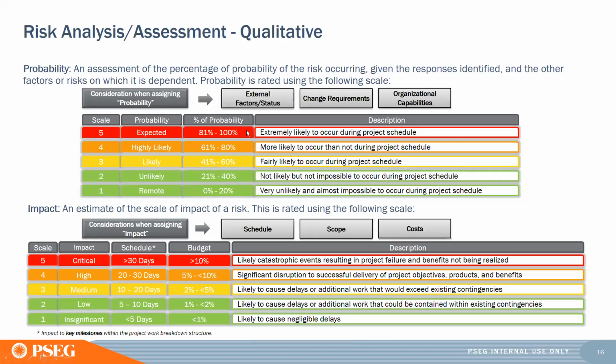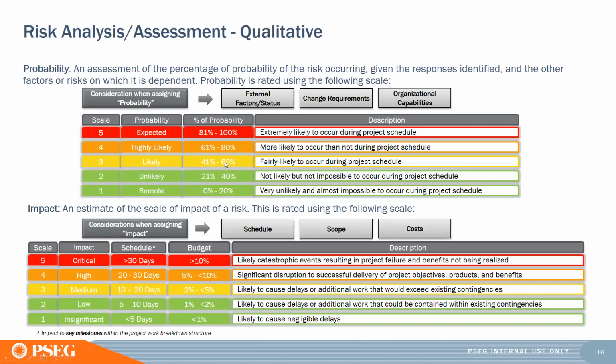So you see your percent, and I actually like to work through this slide a little bit backwards. I look at it as, is this risk extremely likely to occur during my project schedule? What's the percent of probability? Is it 75%? Is it 50%? So that's where I determine my probability.